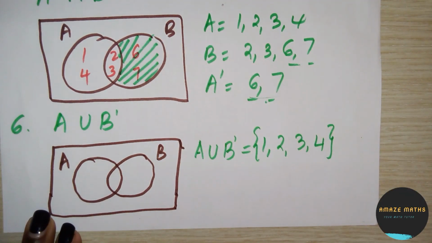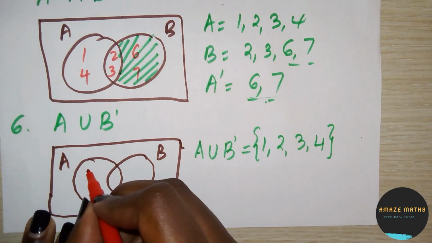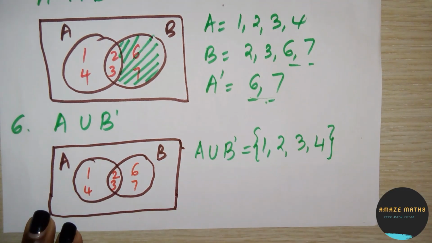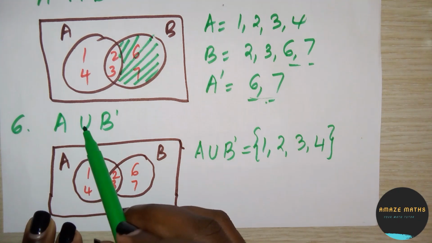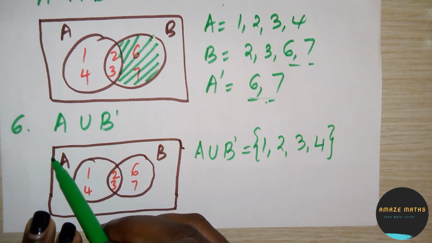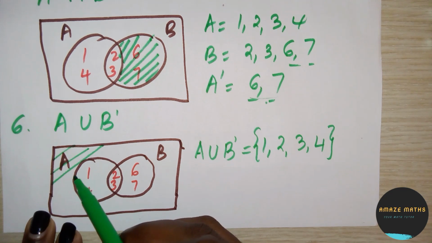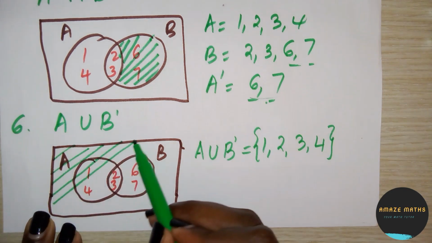So now when it comes to shading, let's put the numbers. We have 1 and 4, 2, 3, 6, and 7. That is 1, 2, 3, 4. And since it's union, we need to include the outside part, this outside region. So we do also that.